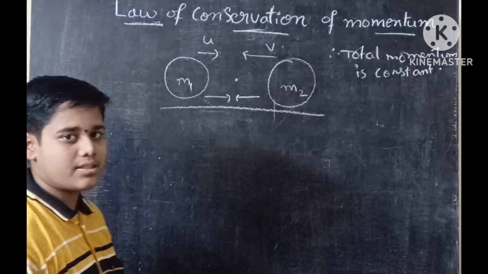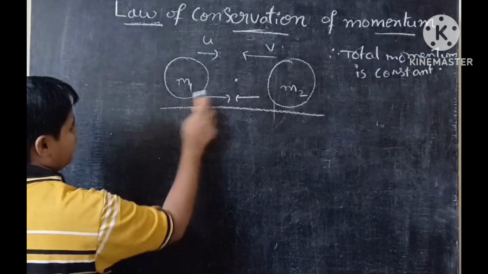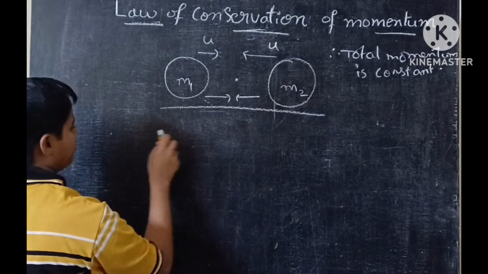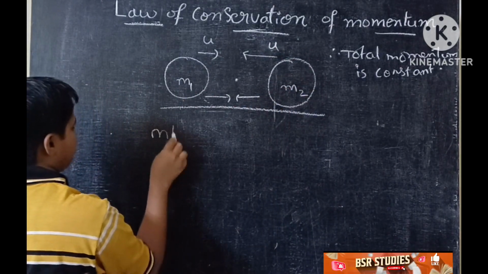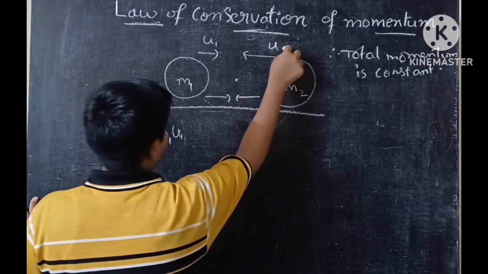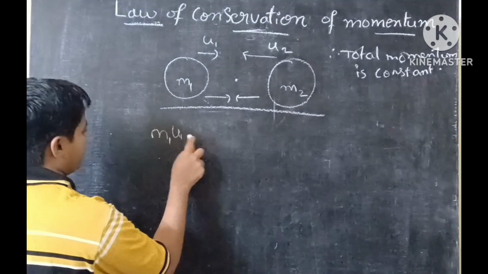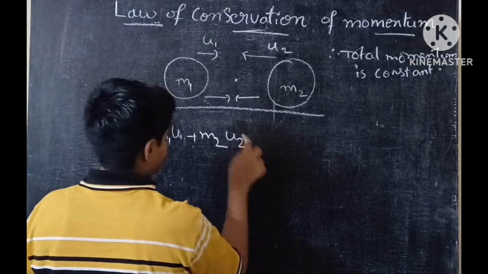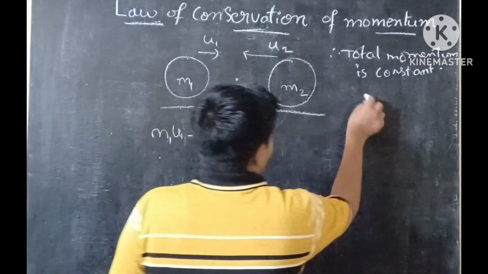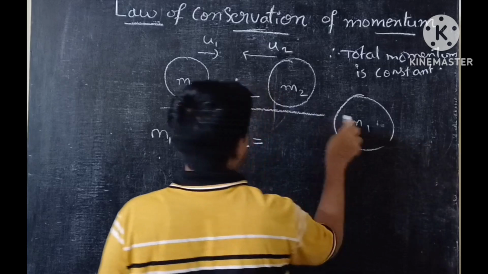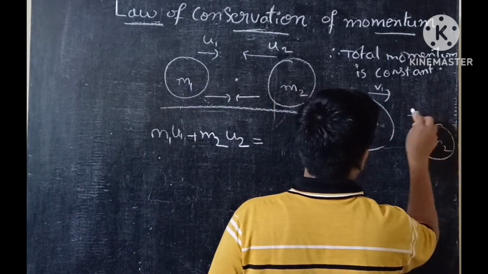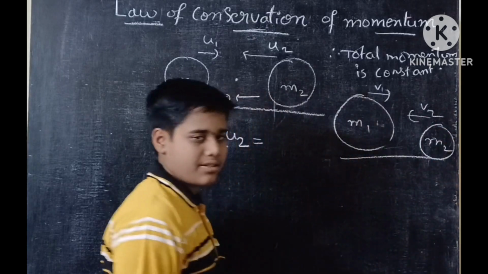Which means, if I write the initial and final of these two bodies, m1 u1 plus m2 u2, here take u1, u2, which is equal to, after collision, m1 moving with v1 and m2 moving with v2 in some other directions.